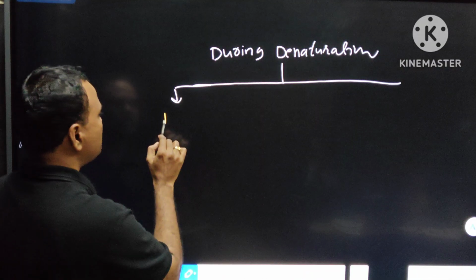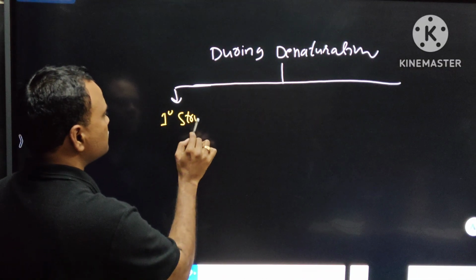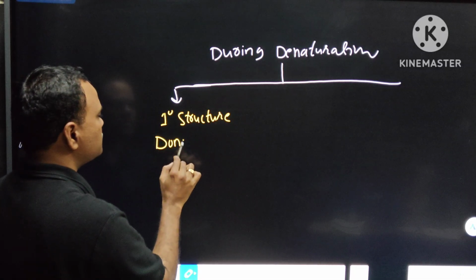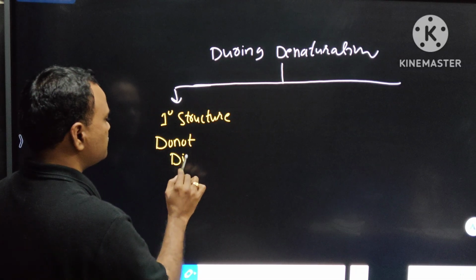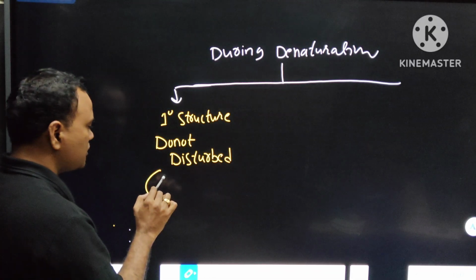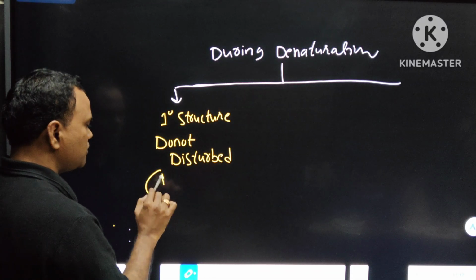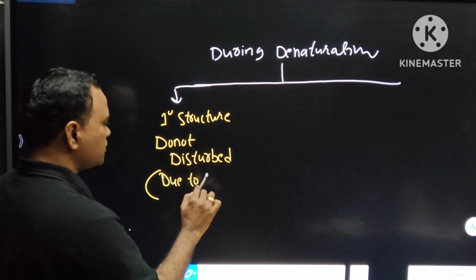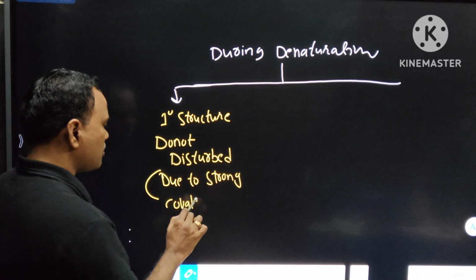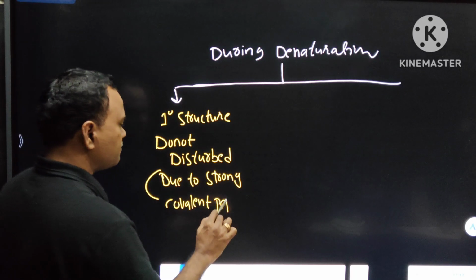The primary structure is not disturbed. Why? Due to strong covalent peptide bonds.